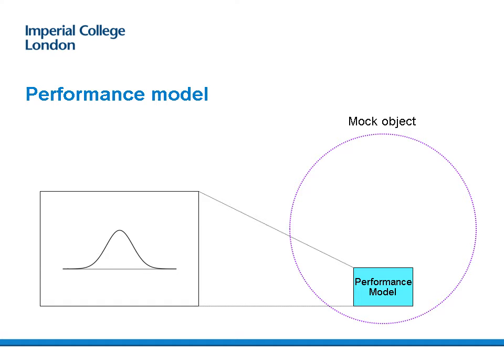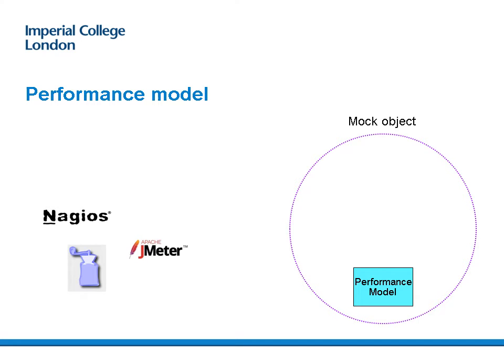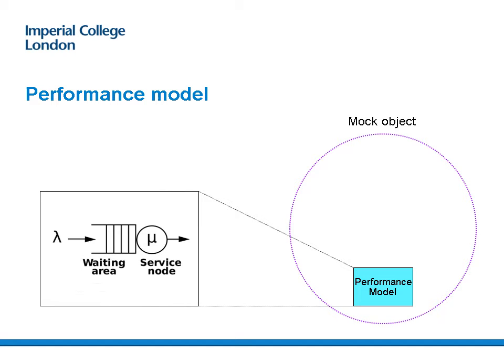It could be as simple as a statistical model, which samples random numbers from a probability distribution. It could be sampling measured performance data from a real production environment that you've captured using tools like JMeter, Lambda, Nagios. It could also be formal modeling languages, such as queuing networks and Petri nets.